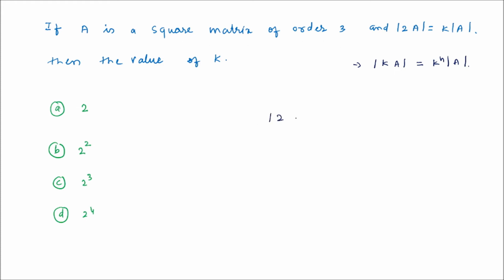Therefore, determinant of 2A is equal to k into determinant of A. If I take 2 outside the determinant, it will be 2 raised to 3 into determinant of A, which is equal to k times determinant of A. If we equate these two, k is equal to 2 raised to 3. This will be our answer.